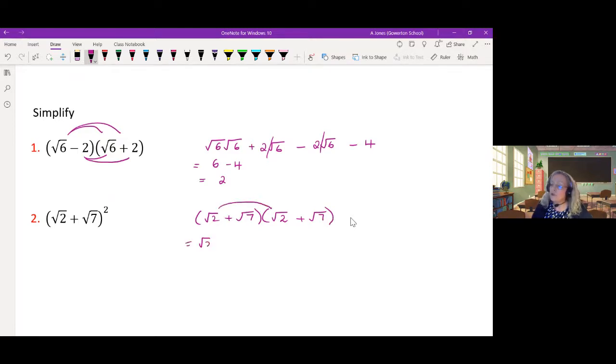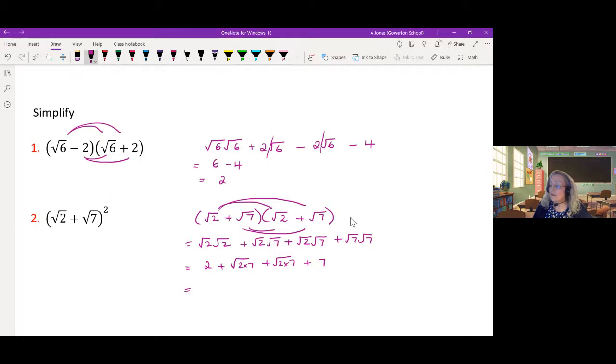Then I get root 2 times root 2, plus root 2 root 7, and then here plus root 2 root 7, and then here plus root 7 root 7. So root 2 times root 2 is 2, add, and then I'm going to do the root of 2 7s, add the root of 2 7s, add, and then root 7 times root 7 is 7.